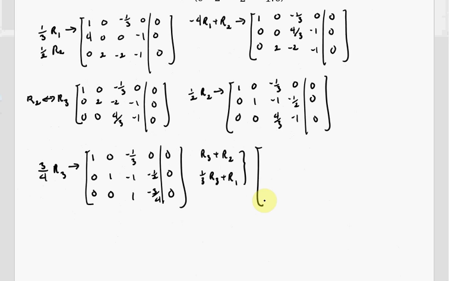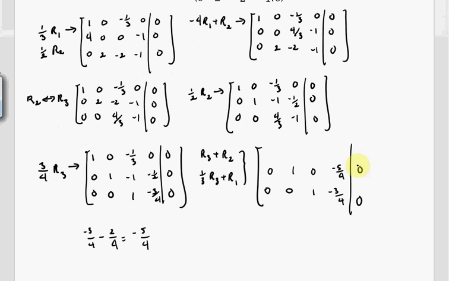So row 3 stays the same: 0, 0, 1, negative 3/4, 0. We're adding row 3 to row 2, so it's 0, 1, 0, and this becomes negative 3/4 minus 2/4, which gives us negative 5/4.